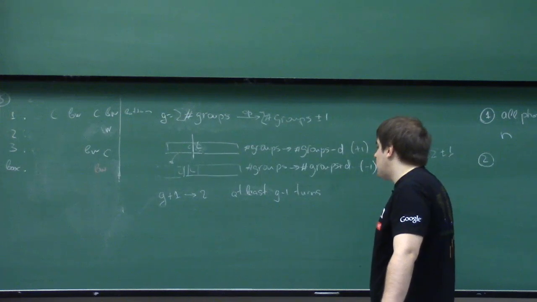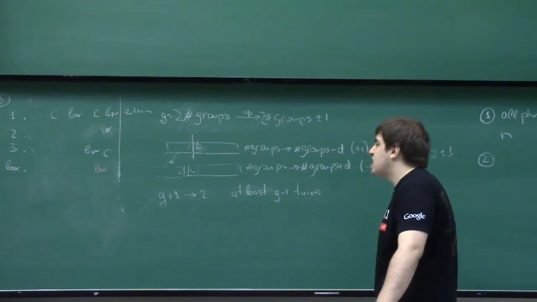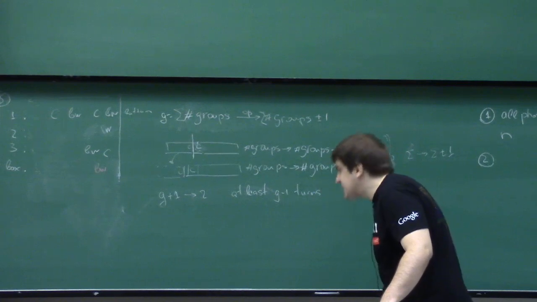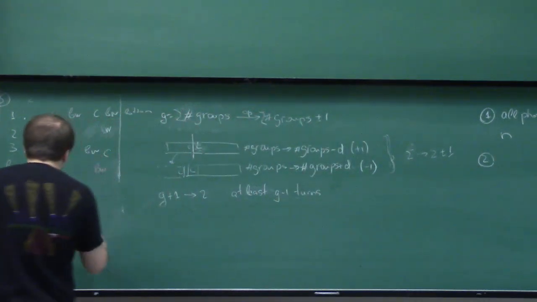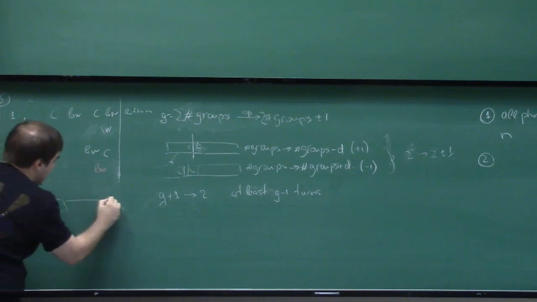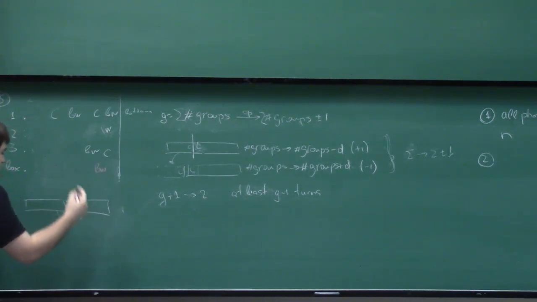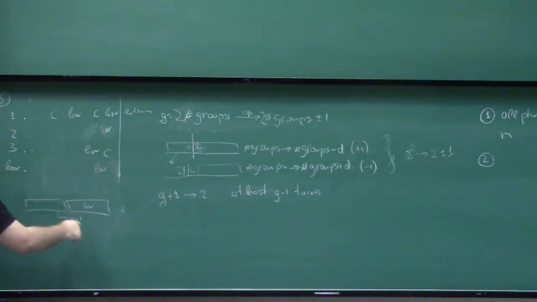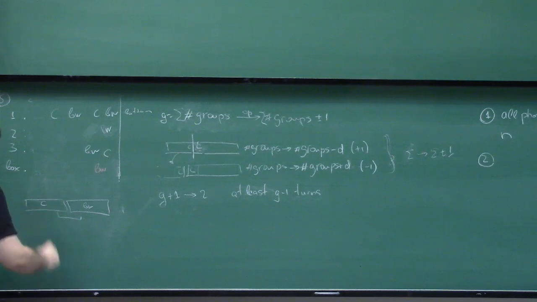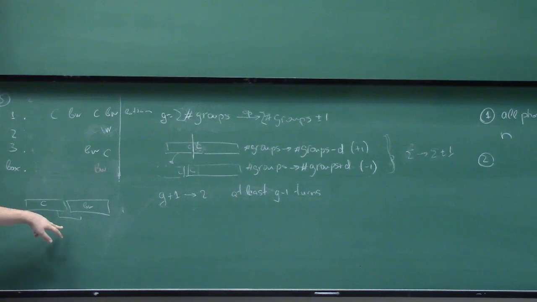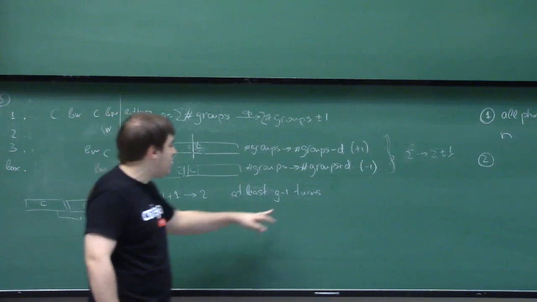Yes, in order to perform at least G-1 turns, it means that at some moment we have to put the part that I have shown you on this picture, the part that consists of black and white photos and colored photos. Let's call such a part a nice part. So if we have a nice part, then we are able to do that in G-1 turns.